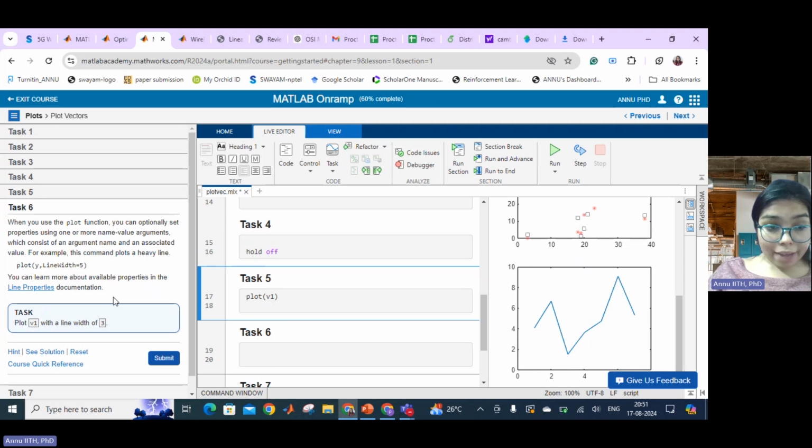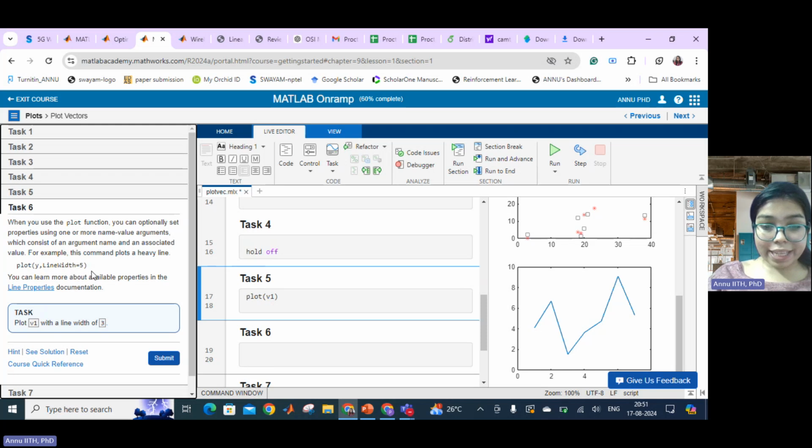Line width also we can set. What is this command useful for? When you use the plot function, you can optionally set properties using one or more name value arguments, which consist of an argument name and an associated value. For example, this command plots a heavy line.